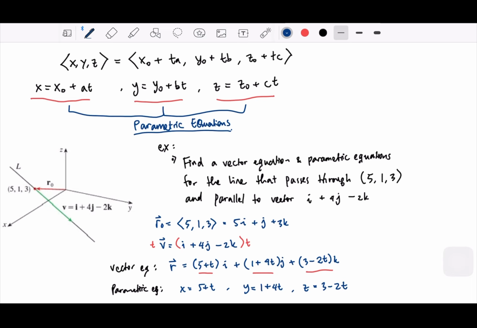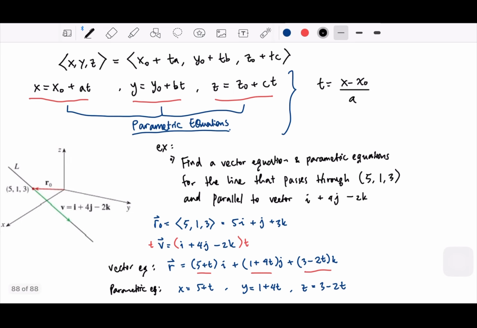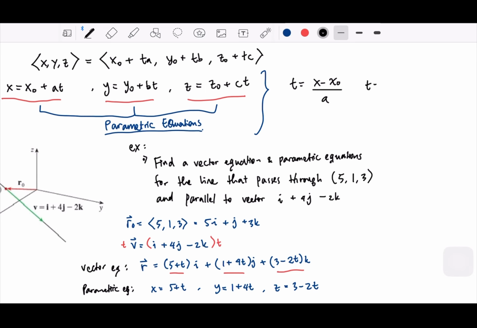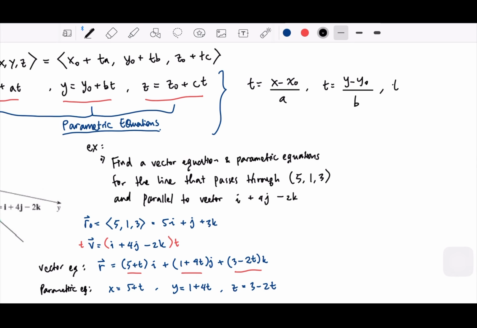So t is x minus x0 divided by a, or in terms of y, or in terms of z.